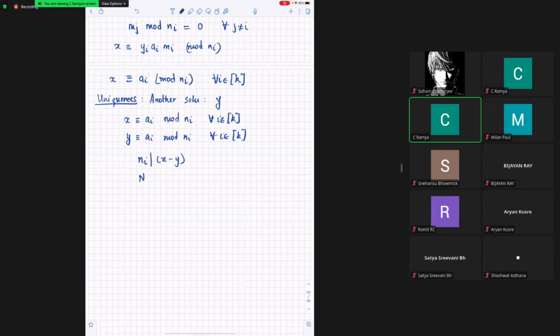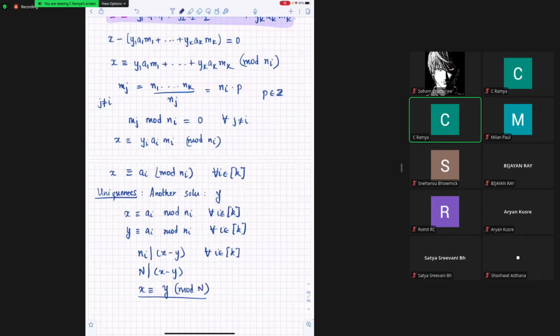So this means that the product of all these numbers also divides this, because this is true for all i. This is because the GCD of these ni's is 1. So it has to divide the product. I mean, the product has to rather divide x minus y. So this means that just by definition, x is congruent to y mod capital N.